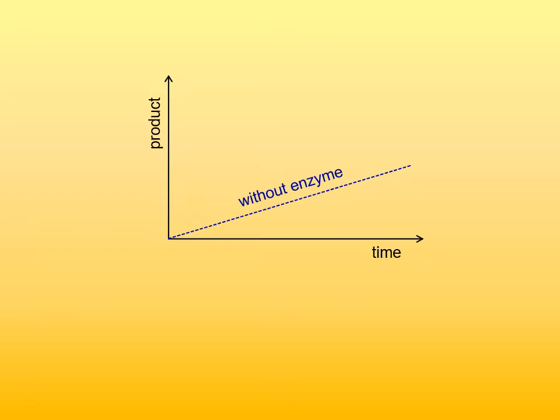Without enzyme, the reaction is relatively slow, and with enzyme, we have a rather fast reaction, and so the amount of product, shown now in red, obviously increases much faster, and very quickly we reach a stationary state.